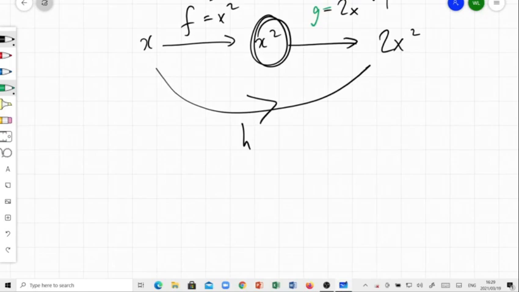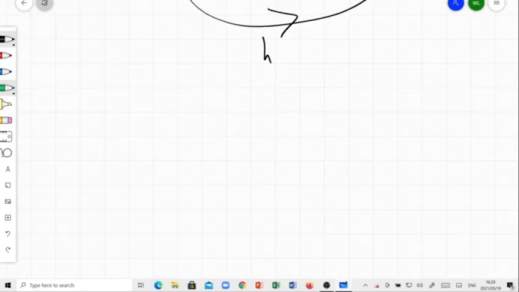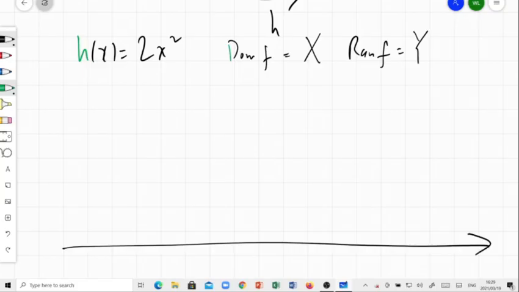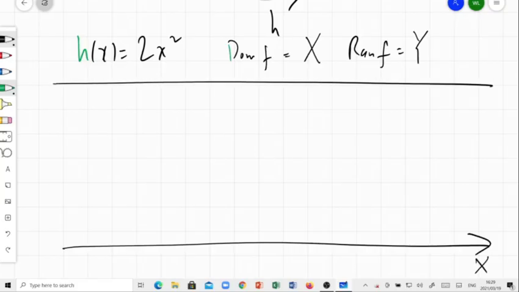Now, we can actually show this with a mapping diagram. With a mapping diagram, this becomes very, very obvious, okay? So remember, the domain of f you normally write as x, and our range of f you normally use the symbol y. So here I'm going to put in my x, so this is going to be my h, and this is going to be my y.